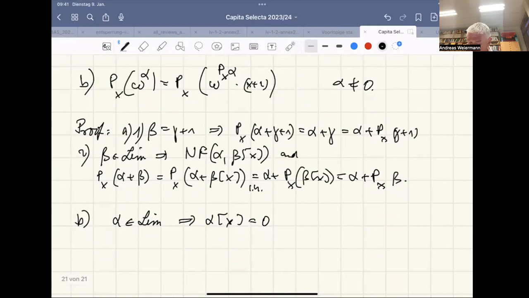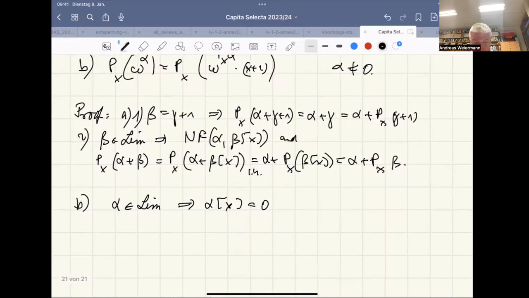Because, yeah, alpha x is at least as big as 1. That's good. So we can apply induction hypothesis.